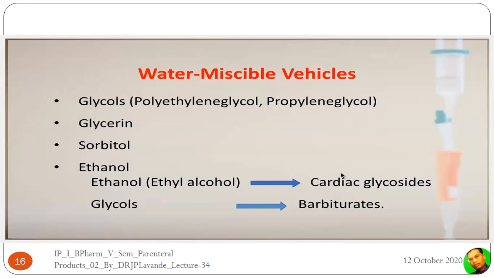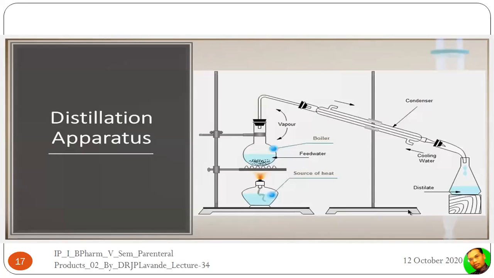In that case, these co-solvents are used. For example, ethanol is used in the preparation of cardiac glycoside parenteral products, and for the preparation of the barbiturates, the glycols are used as a vehicle.